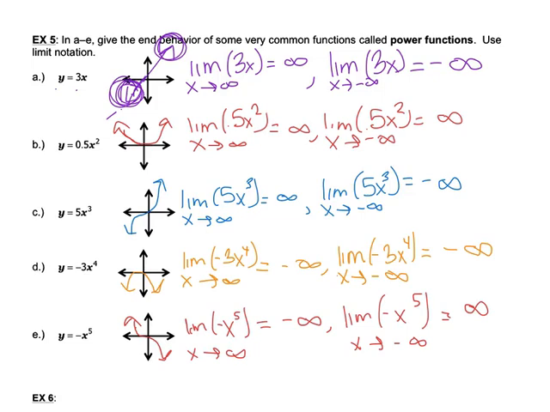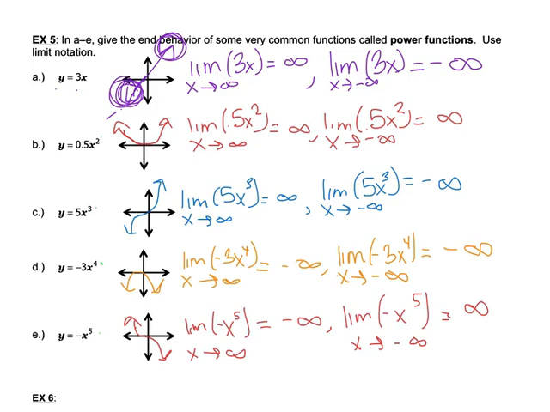Once you've checked all of your different examples, the pattern I want you to try and look for is how the two different ends of a function relate based on if the power of the function is even or odd. So we'll go through these and look at them.